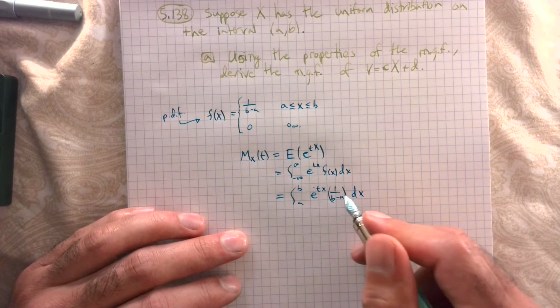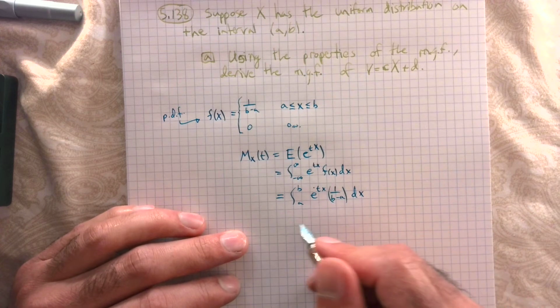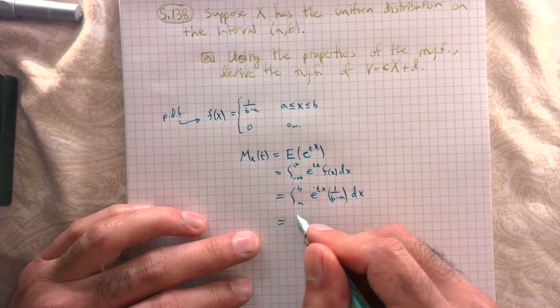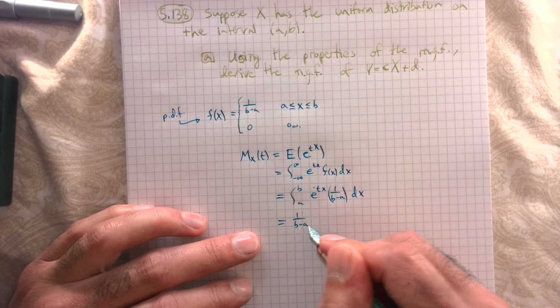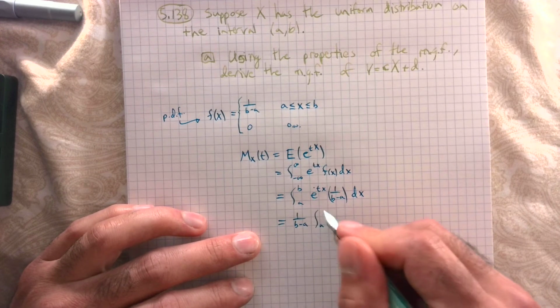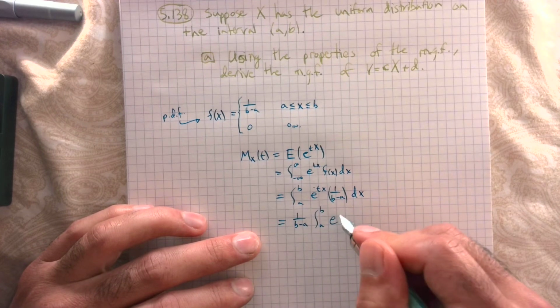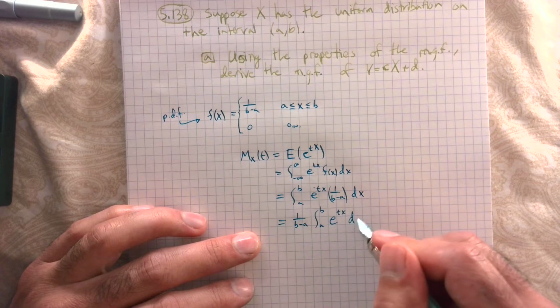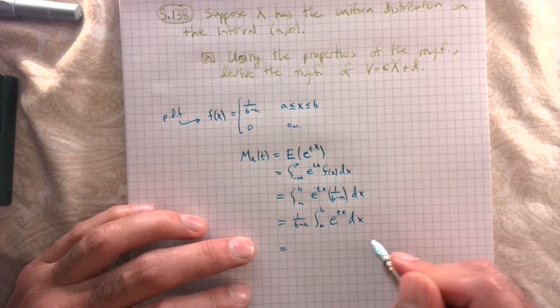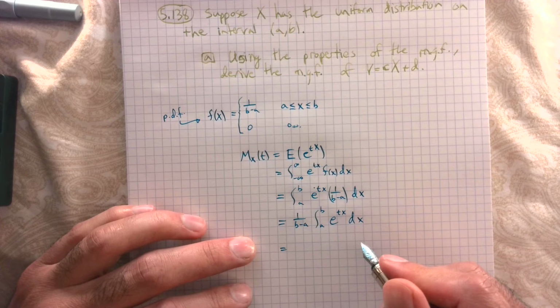And now this is going to be a constant. We're integrating with respect to x, so we can pull that out of the integral. So this is 1 over b minus a times the integral from a to b of e to the tx dx.